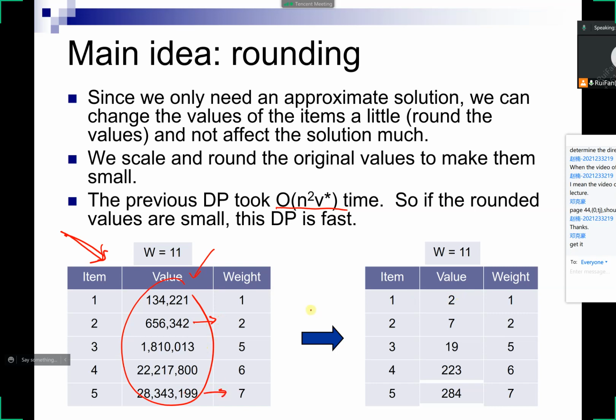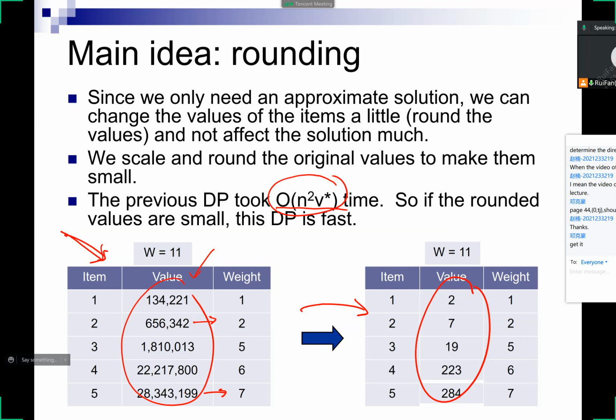So now we have a new instance of knapsack, and the values here are much smaller. So if you solve this instance, now it's going to take you basically order 284 amount of time, instead of order 28 million amount of time.